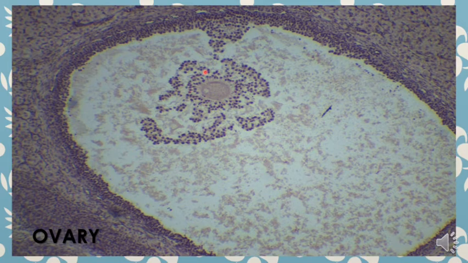The single layer surrounding the primary oocyte is called corona radiata, while these small hillock cells are called cumulus oophorus, and this is the corona radiata. Ovulated with the primary oocyte.